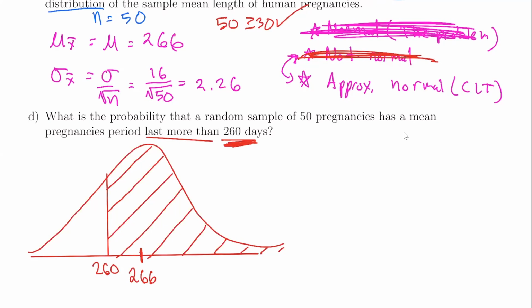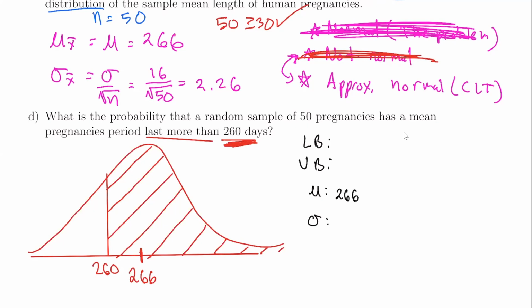So let's go ahead and figure out the lower bound, upper bound, mu, and sigma. Mu is still 266 days.